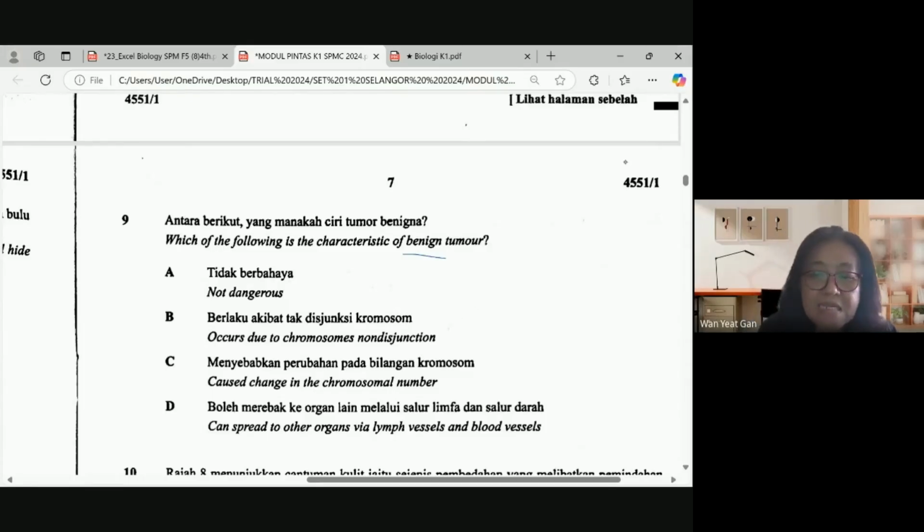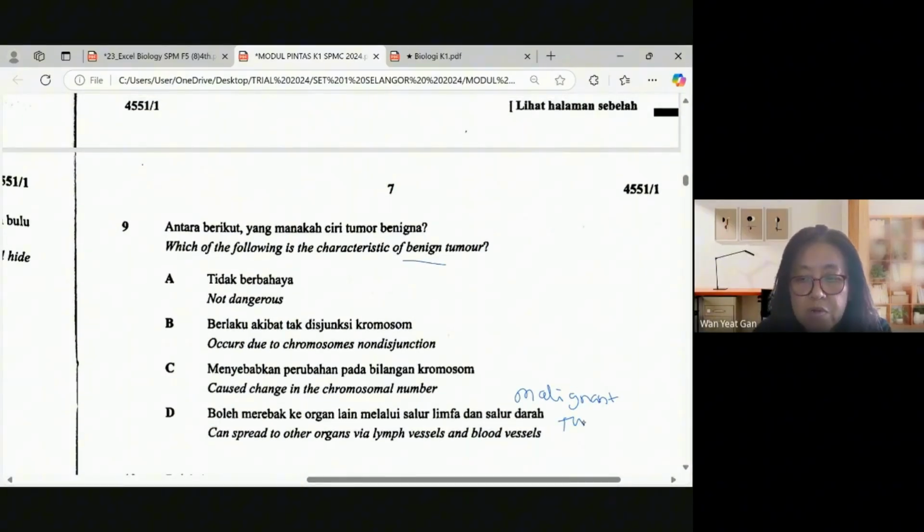A malignant tumor is a tumor that has spread to other organs through the lymphatic system and the blood circulatory system. So a benign tumor is not dangerous because it has not spread across to any other organ.